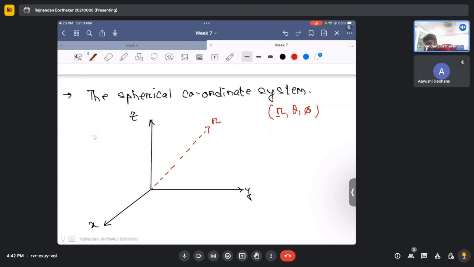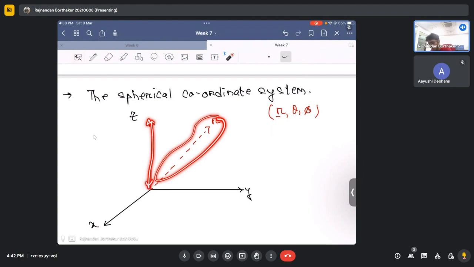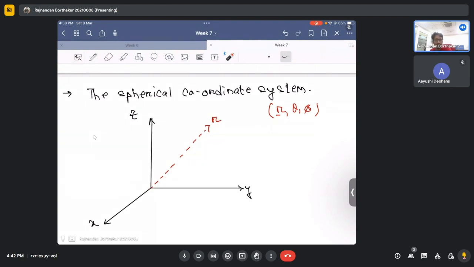Now, can you tell me which one is theta? As you see, there are two angles. One angle is the orientation of this r-axis with respect to the z-axis, and then there is this angle, which is how the projection of this orientation changes with respect to the x or the y-axis. If you know it with the x-axis, you can anyway calculate it with respect to the y-axis.